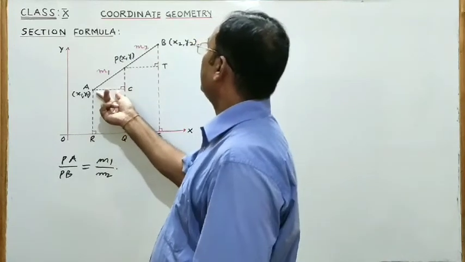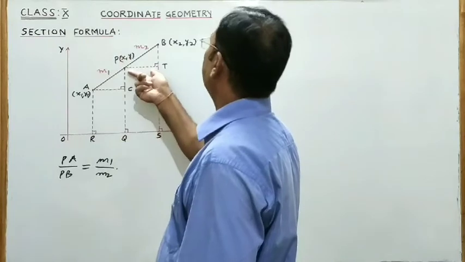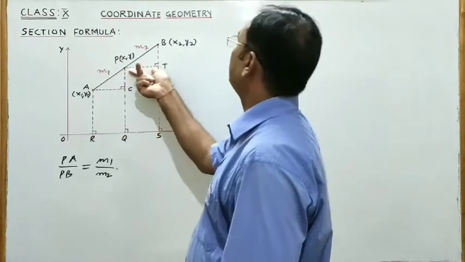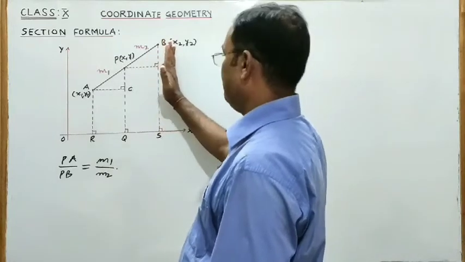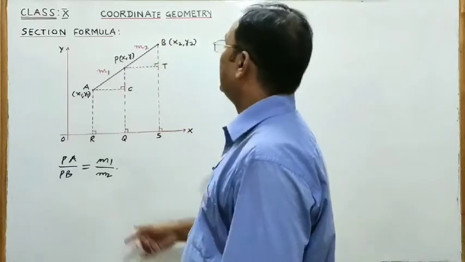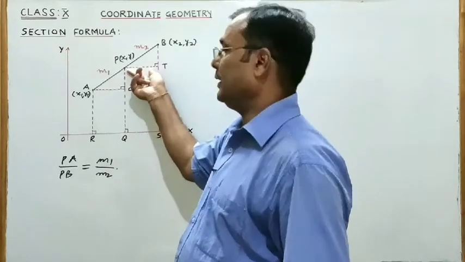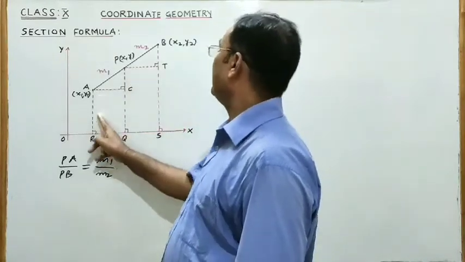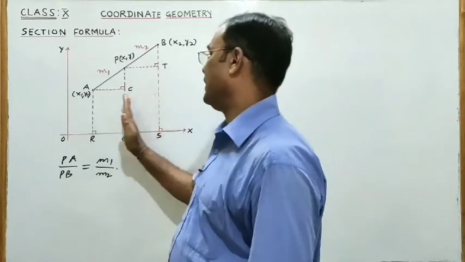AC is drawn perpendicular from A on PQ and PT is drawn perpendicular from P on BS. So AC and PT are also perpendicular, because AR, PQ and BS are parallel.